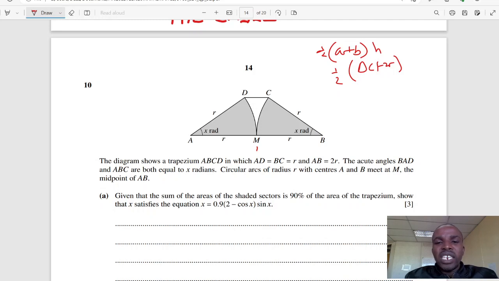We don't have the height. So my height will be from C to the line AB, or from D to this line. That will be my height H, right? So to find my height in this case, I can use triangle ADO, where this point is maybe O somewhere. Then I can use SOHCAHTOA, because this will be 90 degrees.